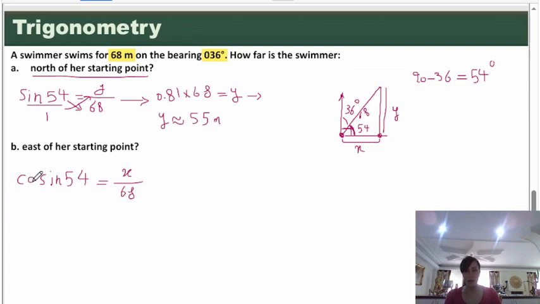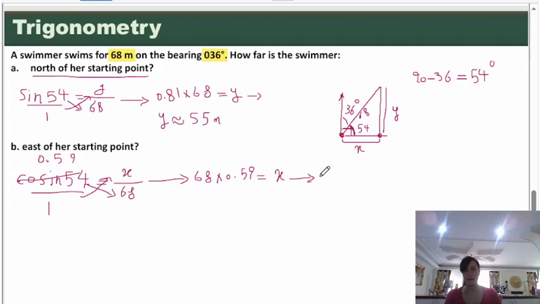If you find the value of cosine 54 with a calculator, you will get almost 0.59. Then I use cross multiplication: 68 times 0.59 equals x.